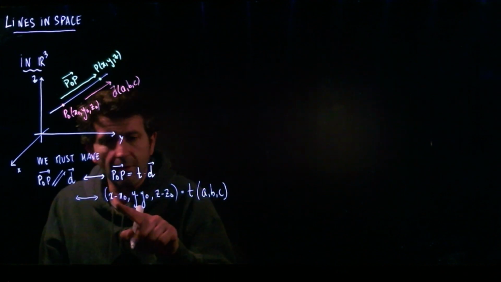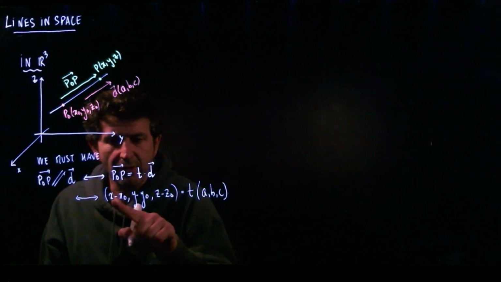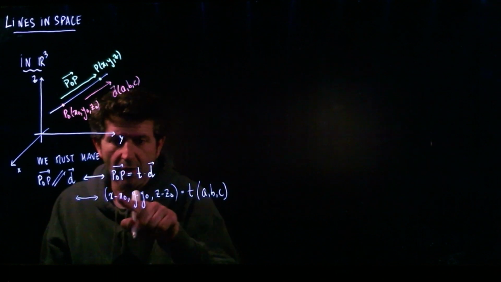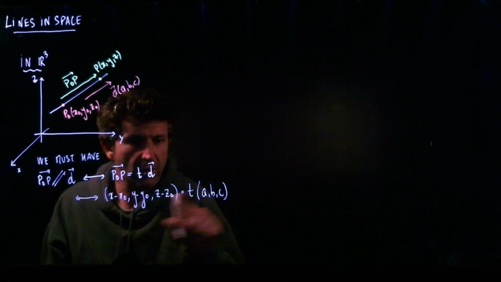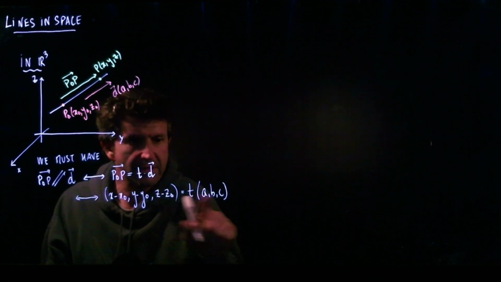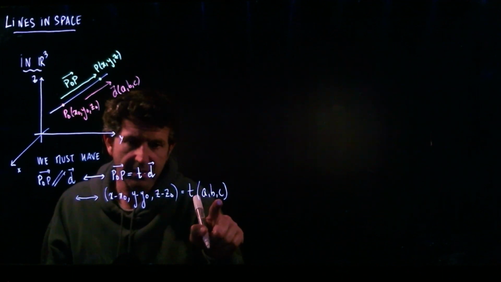Now if I isolate x, y, and z, x minus x0 is ta, y minus y0 is tb, and z minus z0 is ct.